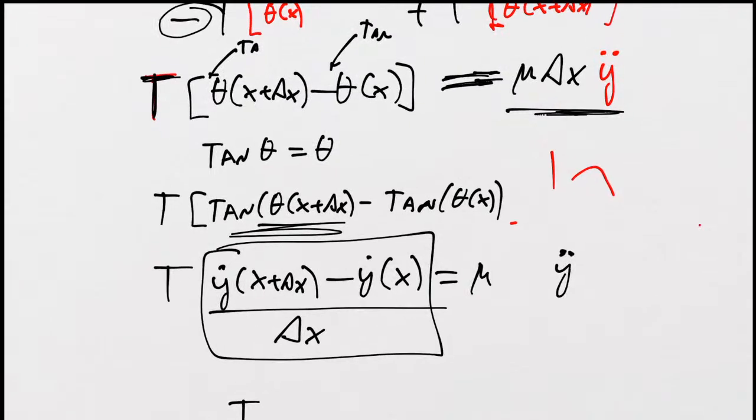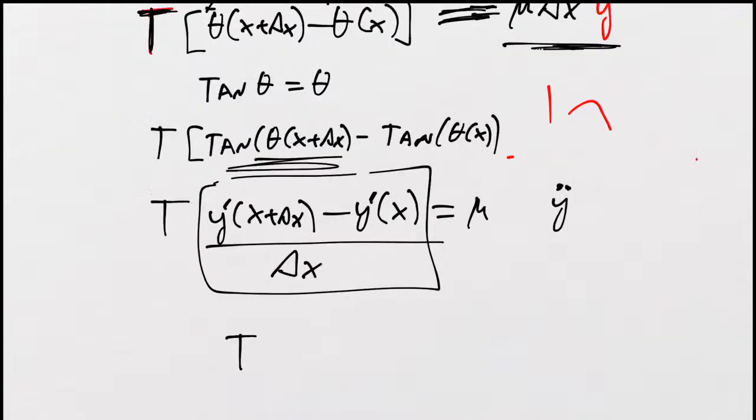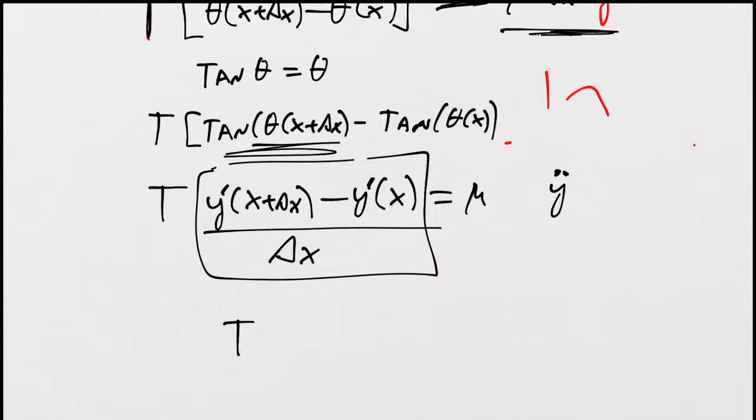Y dot represents the derivative with respect to time. So we need some symbol to represent the derivative with respect to x. So I'm going to make it y prime. So this now becomes T y double prime, because this is the derivative with respect to x again. So we get T y double prime equals mu y double dot, right?